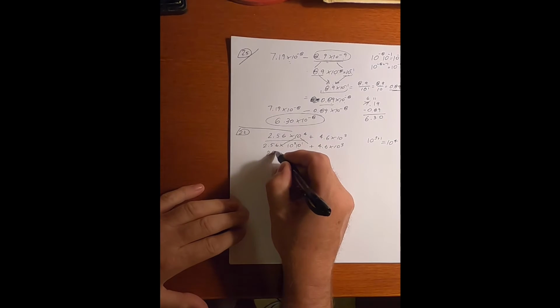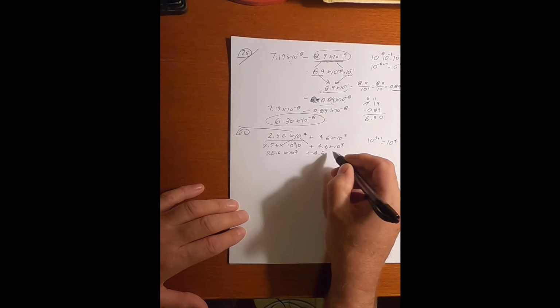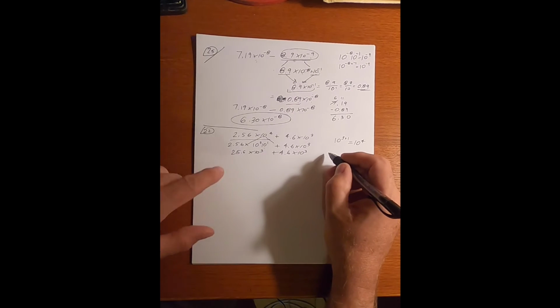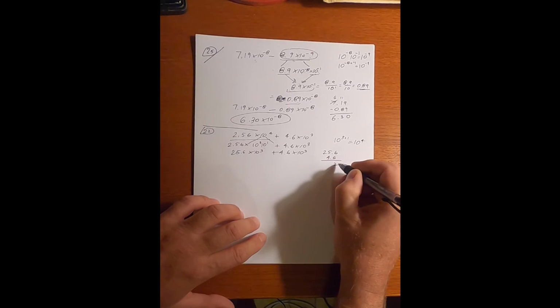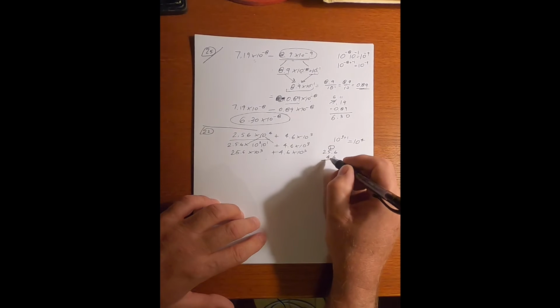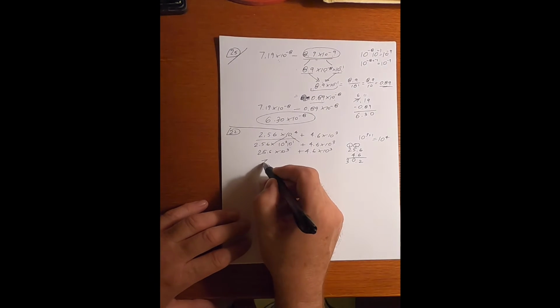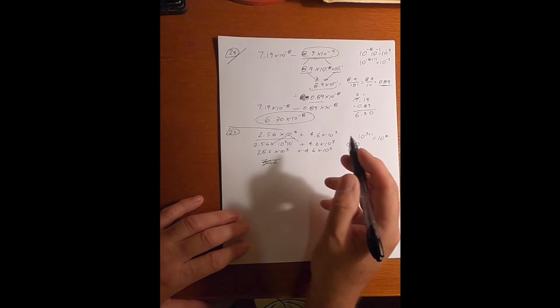So I get 25.6 times 10 to the 3rd plus 4.6 times 10 to the 3rd. Now I'm all together. Let's add these coefficients: 25.6 plus 4.6 is 2, carry the 1, 5, 6, 10, carry the 1, 3, 30.2. So I get 30.2. Let me use one more step.